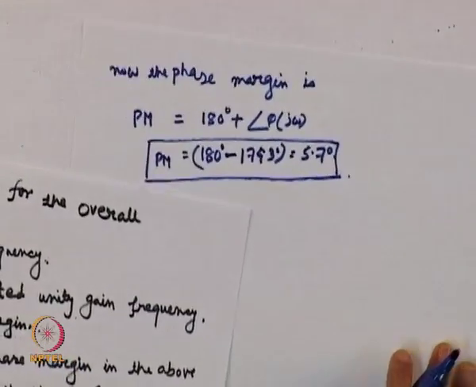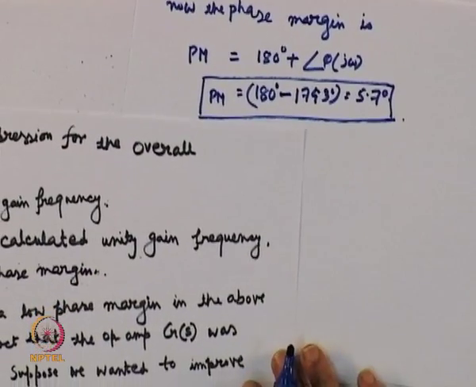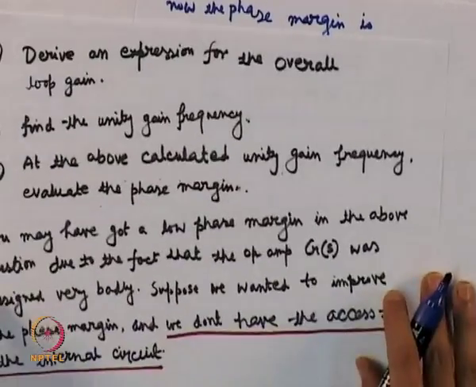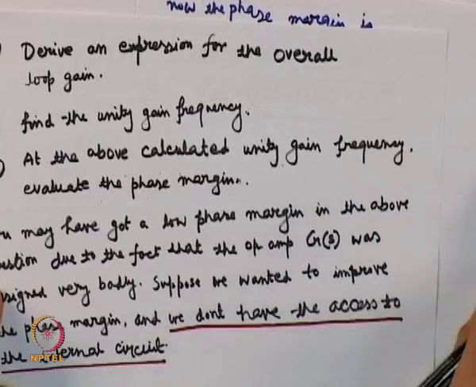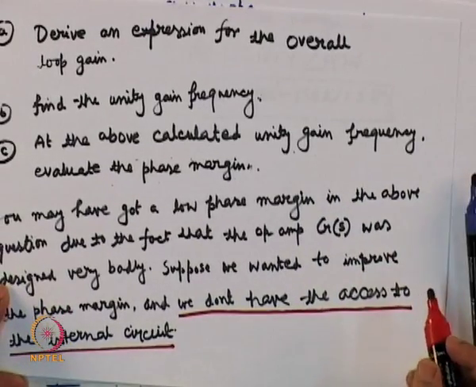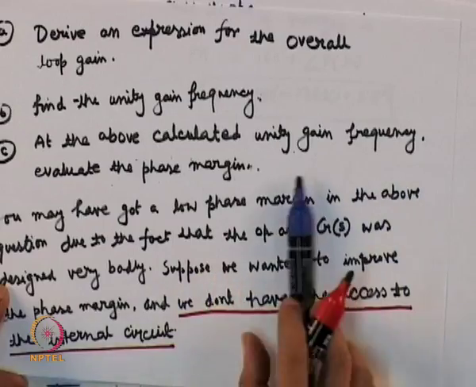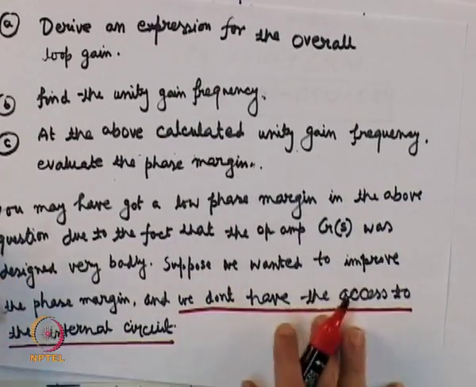So, here comes the proper introduction of part D. We have noticed that the phase margin in the above question comes out low, because the problem has been chosen like that. Because of that we have introduced one more resistor.